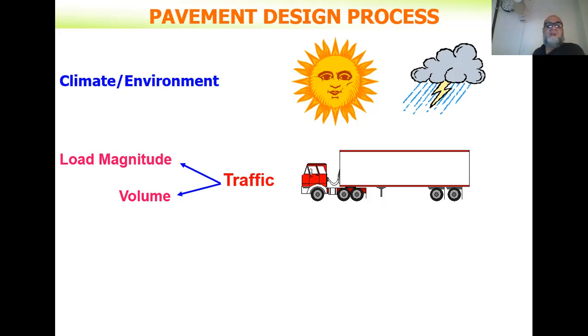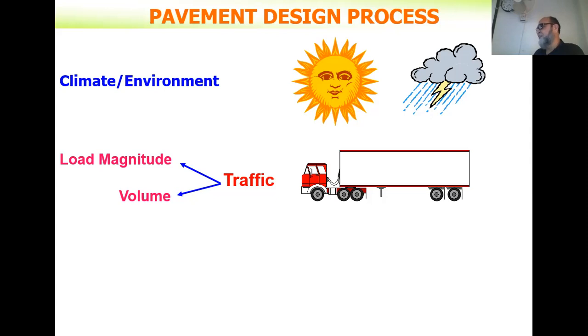When we say traffic, it means how many repetitions and what is the load magnitude, because the numbers are important. I always maintain that if a Boeing 777 lands on the pavement once in a while, the pavement is not going to fail. But if it keeps on landing every day, every night, then the pavement is going to fail.